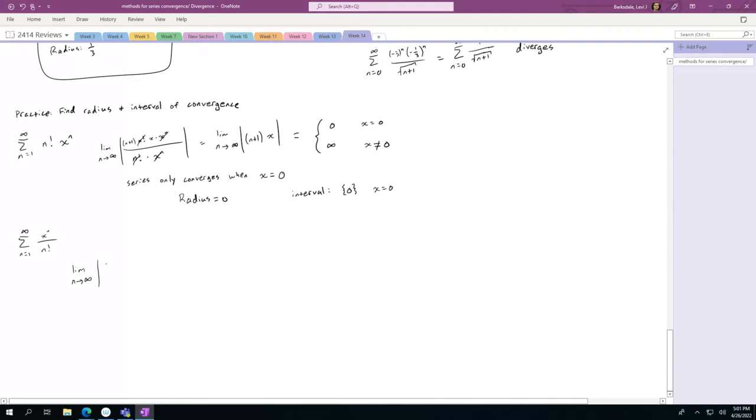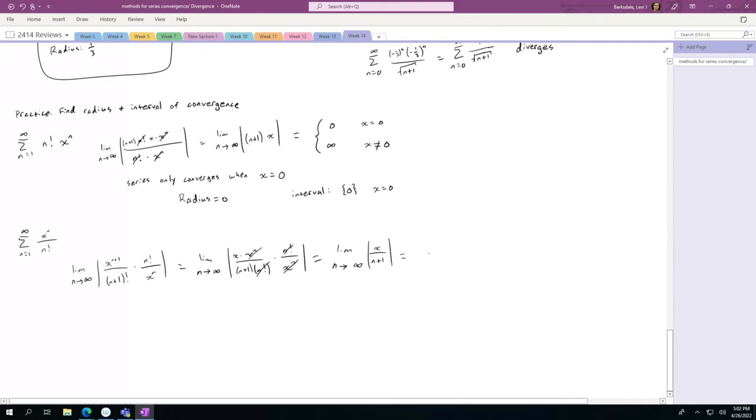This is going to be x to the n plus 1 divided by n plus 1 factorial times the reciprocal, so n factorial over x to the n, which is equal to the limit as n approaches infinity of x times x to the n over n plus 1 times n factorial times n factorial over x to the n. What cancels? Well, my x to the n's and my n factorials, so I'm left with the limit as n approaches infinity of x divided by n plus 1, right?